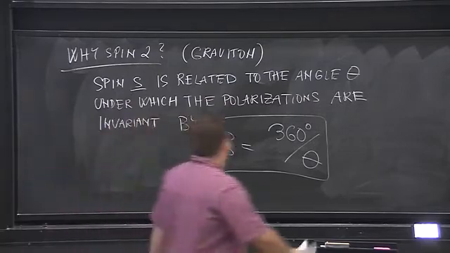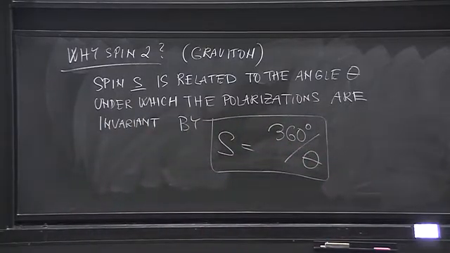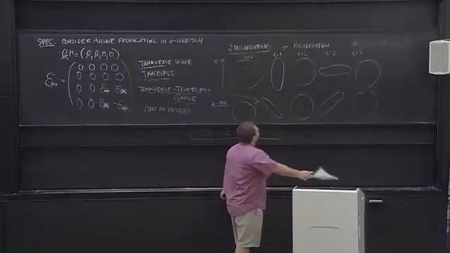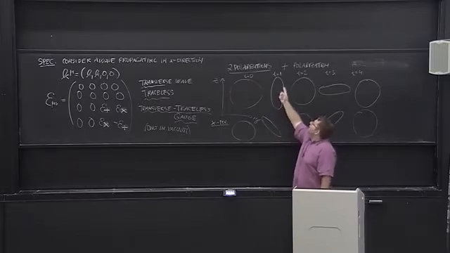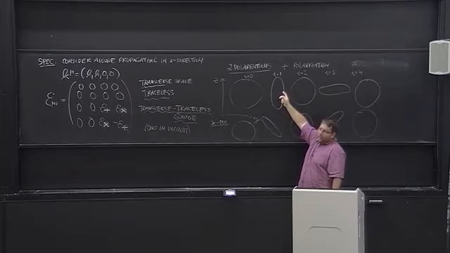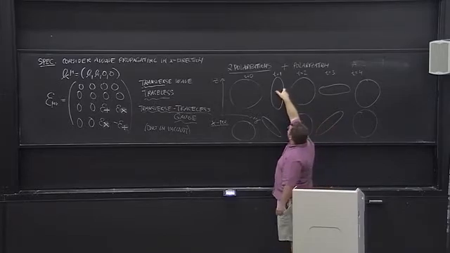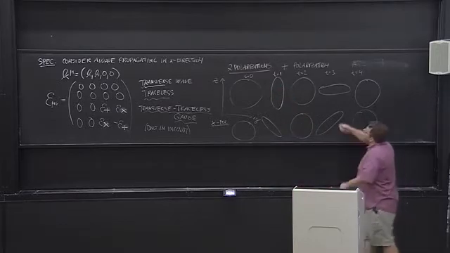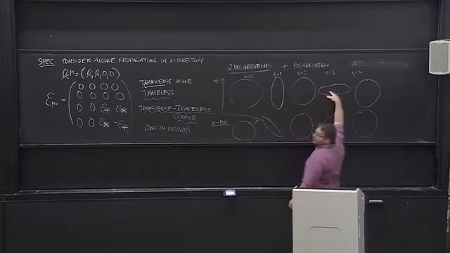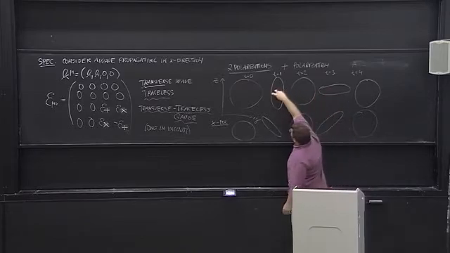All right, so let's look at this polarization here. For example, this one here, I have this oblate shape. So what angle do I have to rotate it so that I get the same thing? If I rotate 45 degrees, okay, if I rotate 90 degrees, I get this one here.